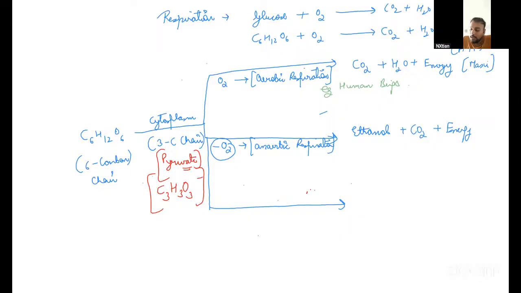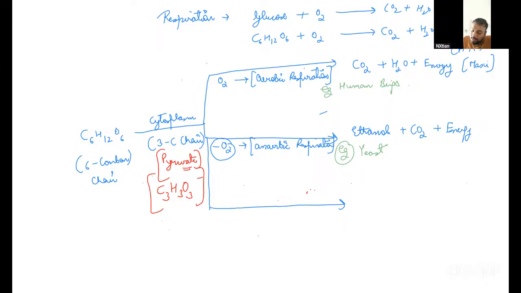It gives ethanol, carbon dioxide, and energy. An example that follows this pathway is yeast. Yeast is used to convert grapes into alcohol. The grape has glucose, there is no oxygen, and yeast forms ethanol, carbon dioxide, and energy.